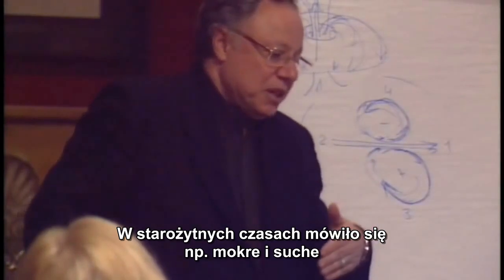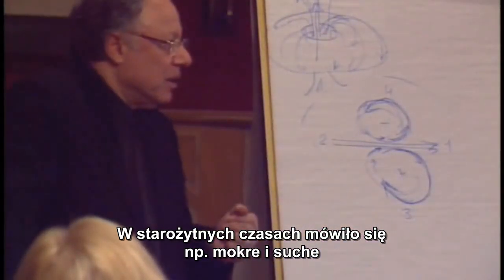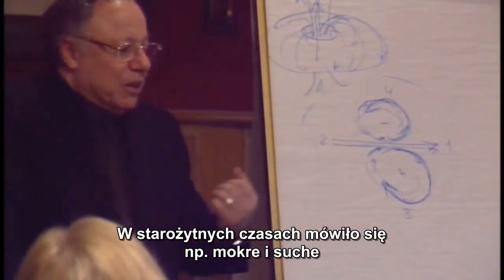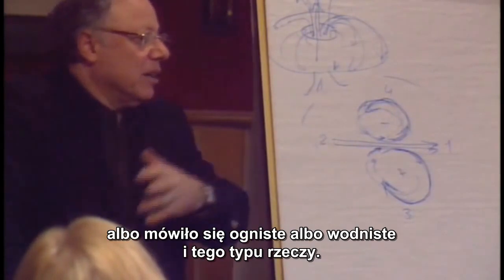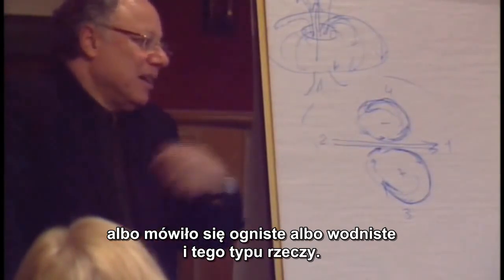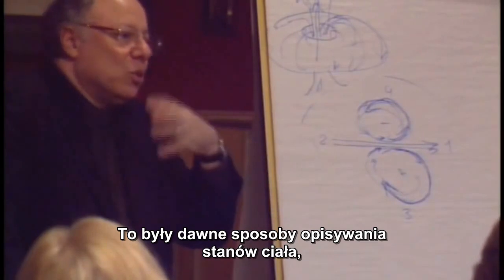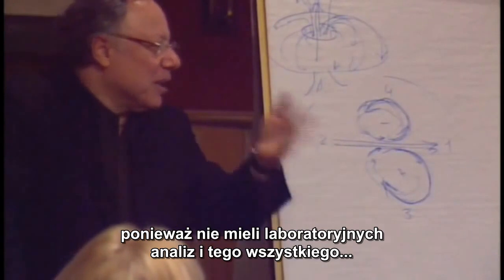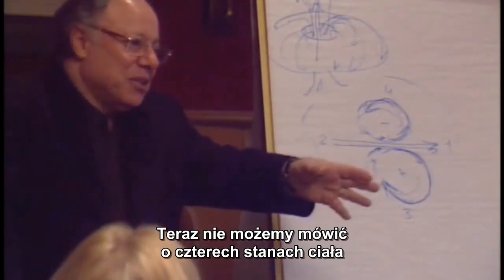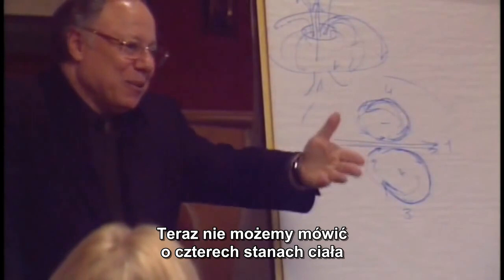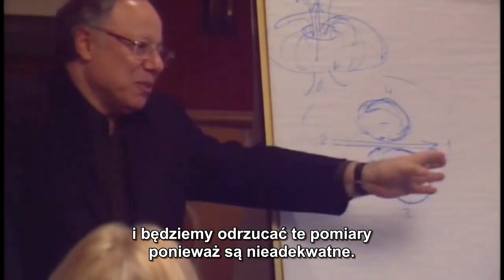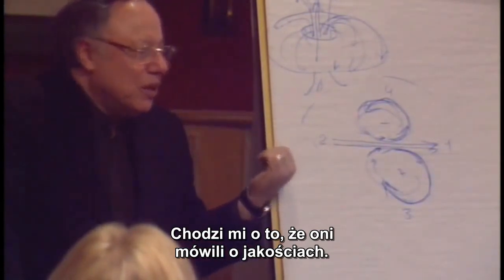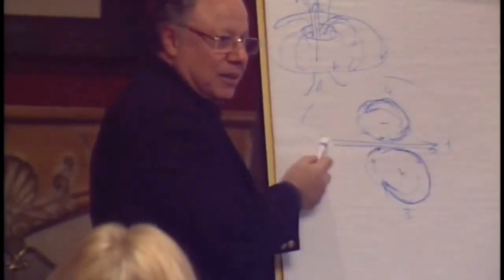And sometimes you hear people saying that in ancient times they used to speak about, for example, wet and dry, or fiery and watery, or things like that. These were old ways of describing states of the body, but now, of course, because they didn't have the laboratories and analysis and all that, now we can't speak about 4 states of the body, and we go into detailed measurements because these were not adequate. I mean, they were speaking about qualitative, you see.